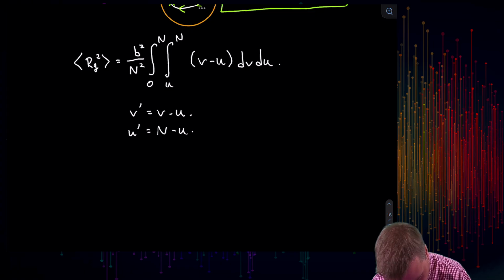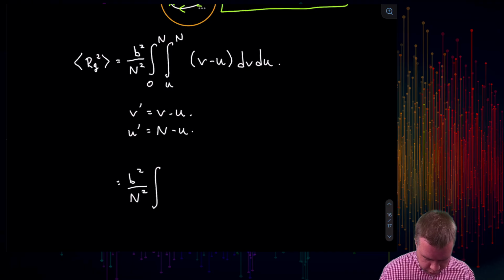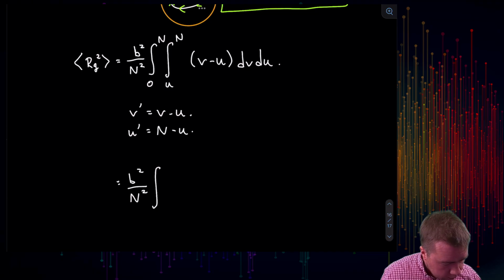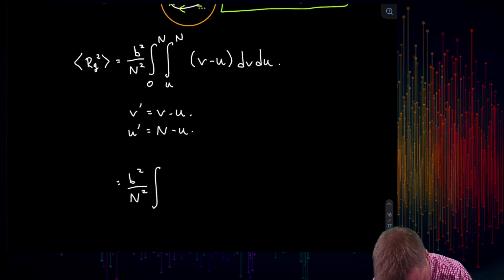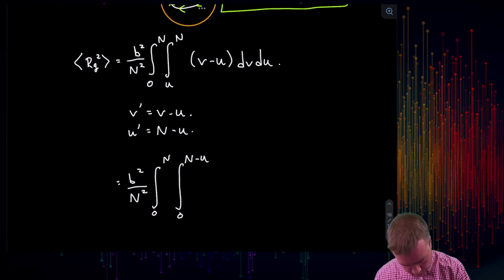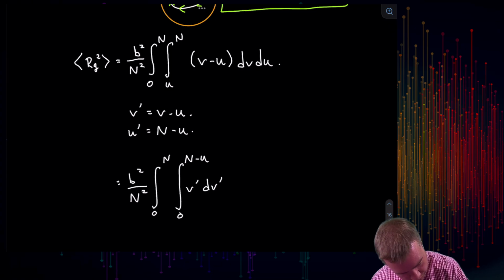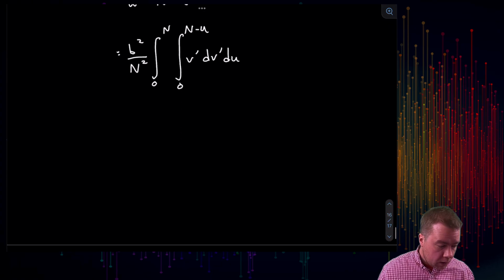Okay, so if we make that substitution, this integral becomes b squared over n squared, the integral from 0 to n, and we get 0 to n minus u of v prime dv prime du.